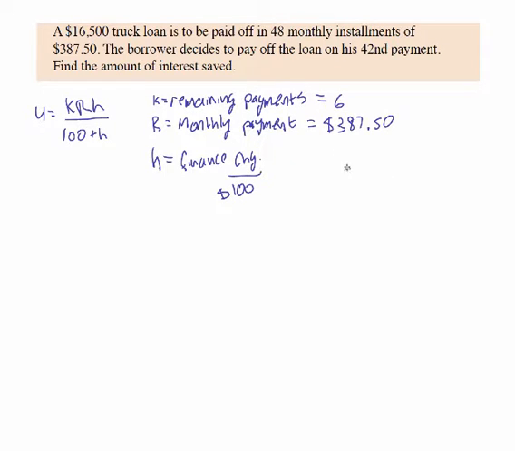The first thing we're going to need to know to find the APR is the finance charge. And the finance charge is going to come from finding how much money we're actually paying for this vehicle and then subtracting off the value of the loan. Well, the amount that we're going to be paying is 48 times $387.50. That's the sum of all the payments.